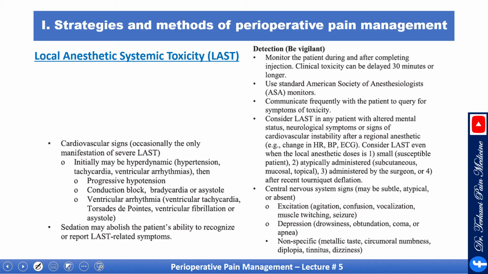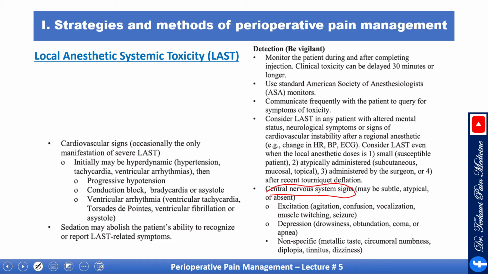So cardiovascular signs can vary between hypertension, tachycardia, to arrhythmias, to malignant arrhythmias, to cardiac arrest. Other symptoms for the CNS will be excitatory mostly, so agitation, confusion, twitches, seizures, followed by depression that can be a coma.